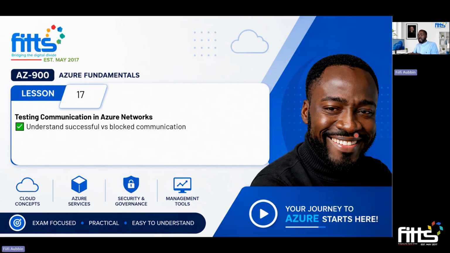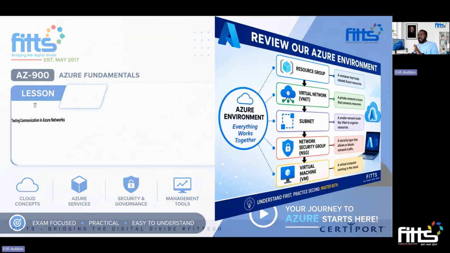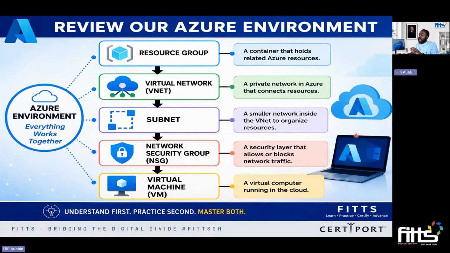Then once we've done all of that, we need to understand what it means to have a successful communication and what it means to have a blocked communication. So let's dive into it.